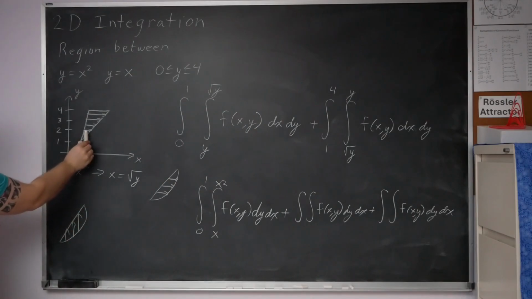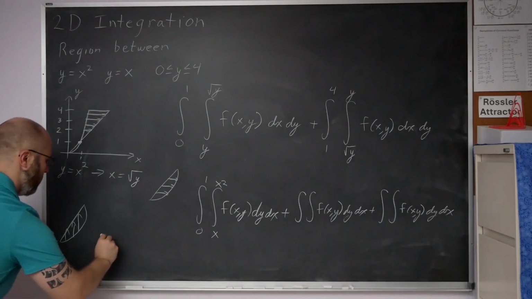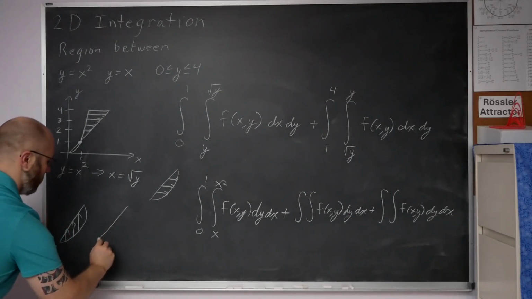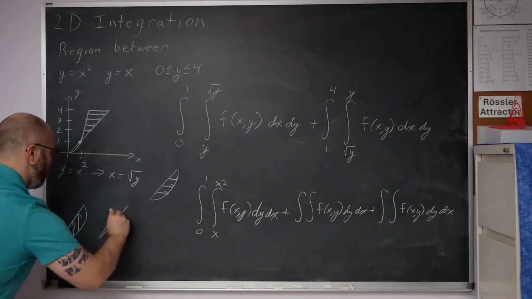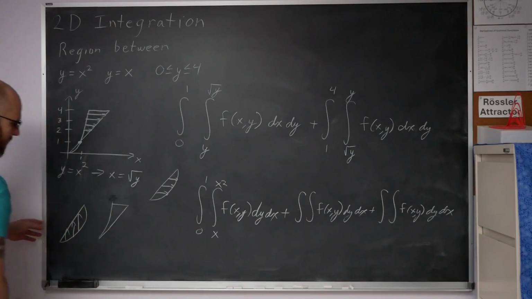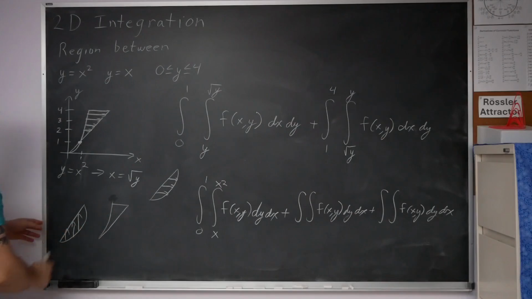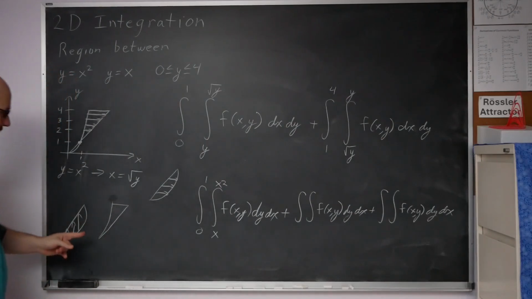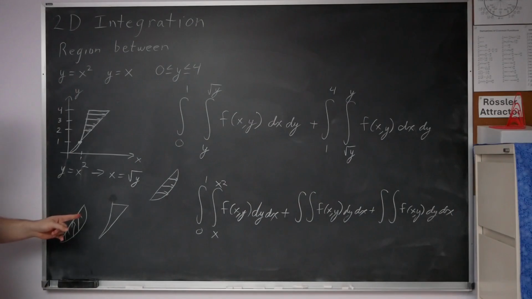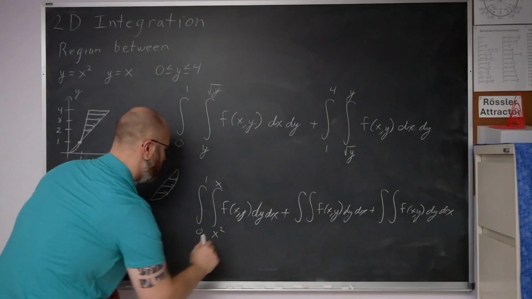But now we have part of the region, so I'm going to do my line, and I've got my parabola, and y equals 4. Now we have to go from the line up to the parabola. Oh, shoot, sorry, this is squared on the bottom.